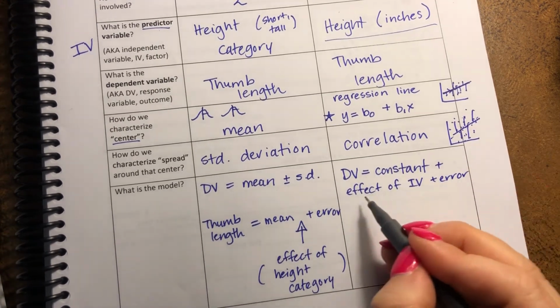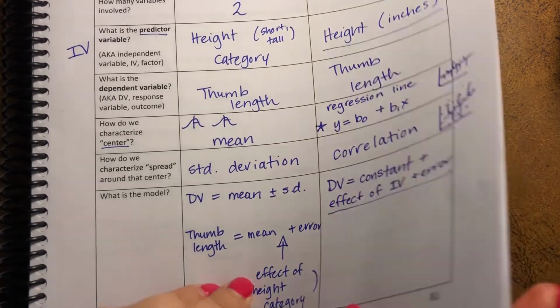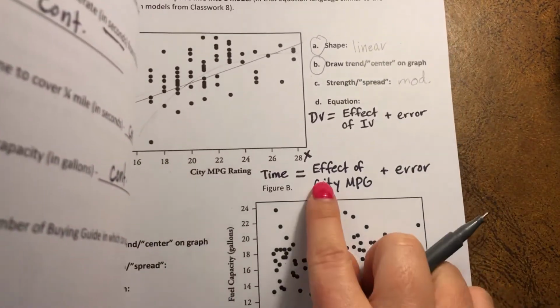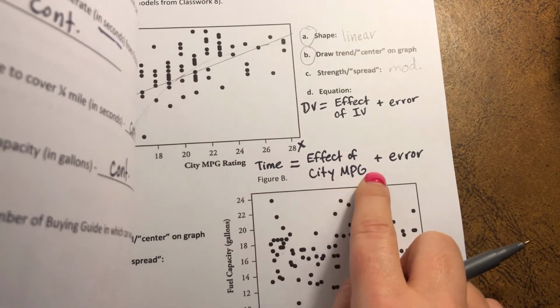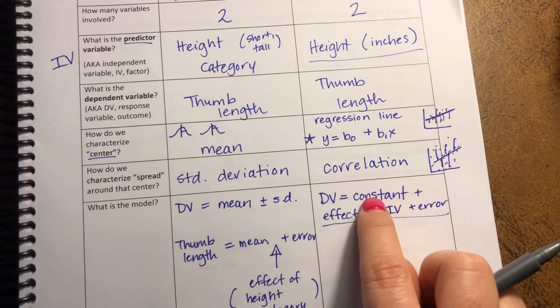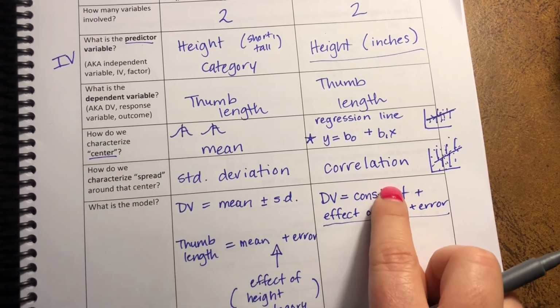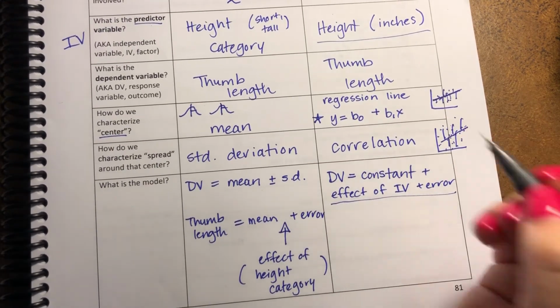So we've been using this, right? That was part of what we were doing in this classwork. We're saying DV equals the effect of the IV plus error. If you remember back to our reading, it also mentioned this constant, right? And so this constant we're going to put back in here.